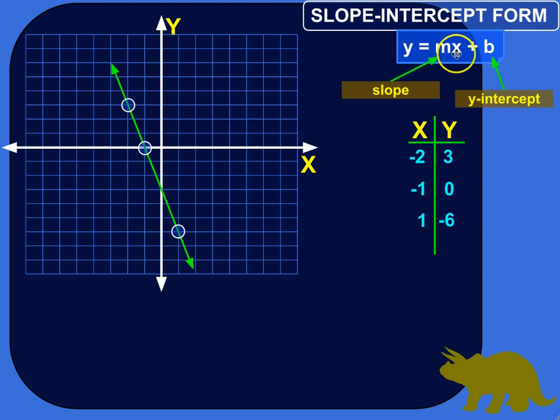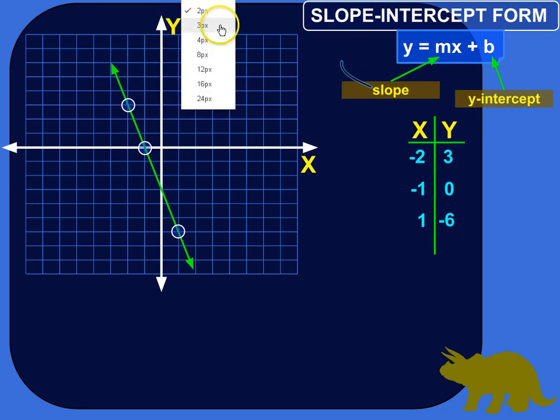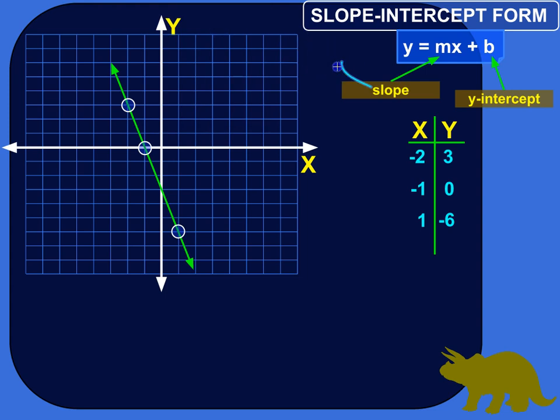So what are the pieces we need? We need the two variables, x and y, and then we need the slope, and we need the y-intercept. So the first thing to figure out is the slope. What does slope mean? Slope is the change in y over change in x.